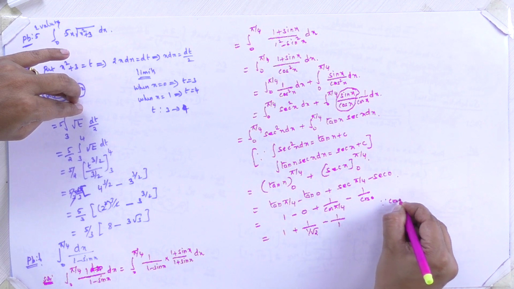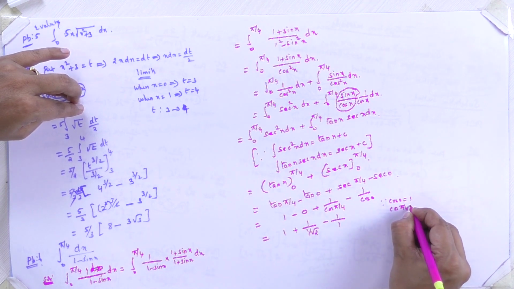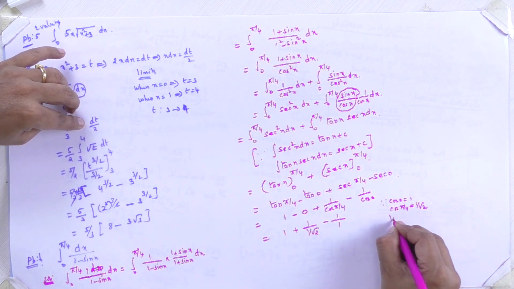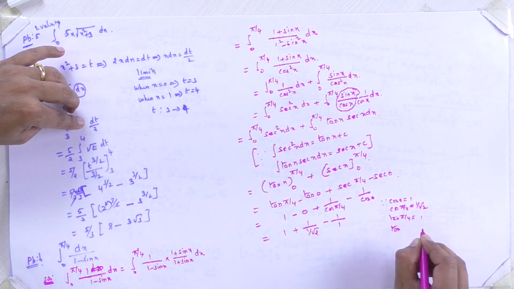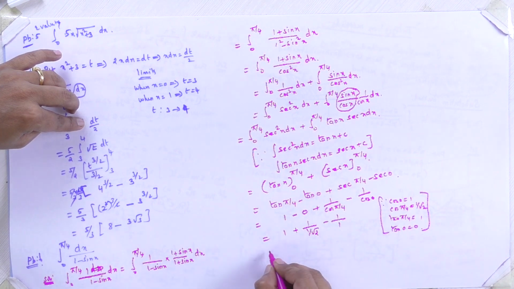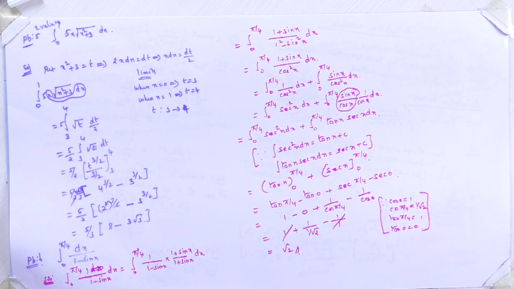Since cos 0 is 1, cos pi by 4 is equal to 1 by root 2, tan pi by 4 is equal to 1, and tan 0 is equal to 0. So this plus 1 and minus 1 get cancelled. The reciprocal, root 2, is the solution for this problem.